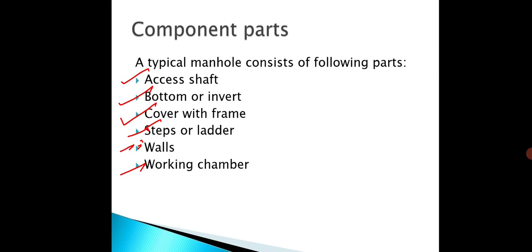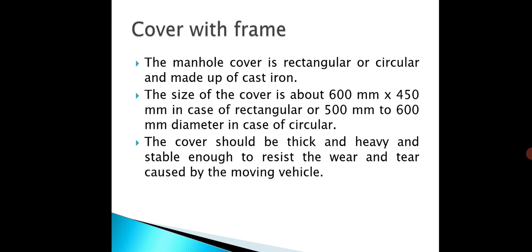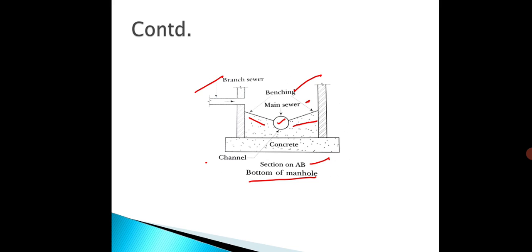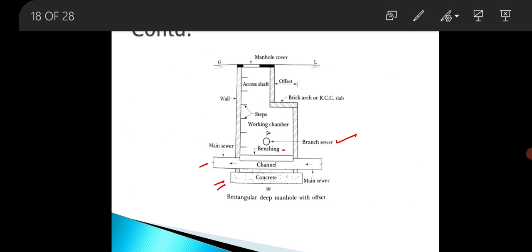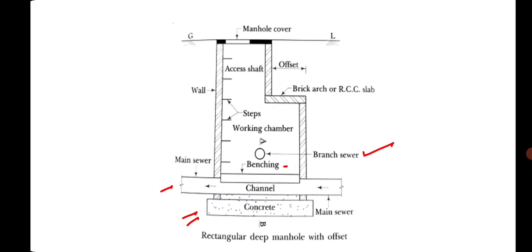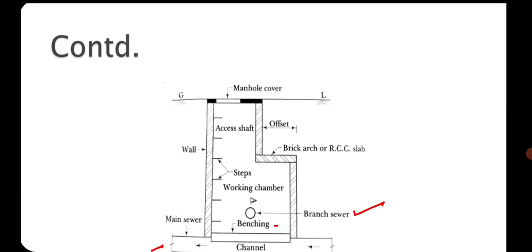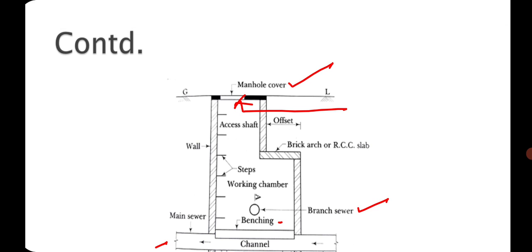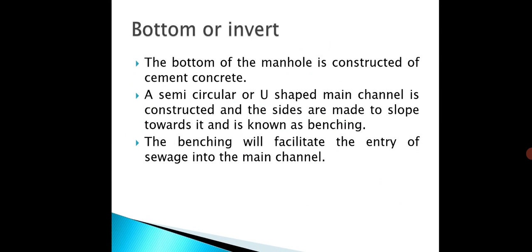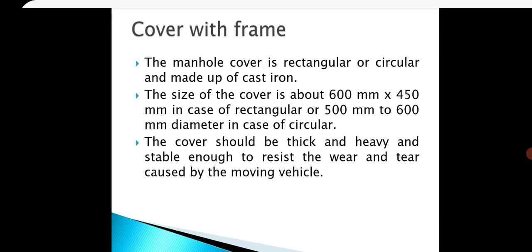Then next part is cover. So manhole is provided with cover and frame at its top. See here, this is the manhole cover. This cover and frame both are made up of cast iron.